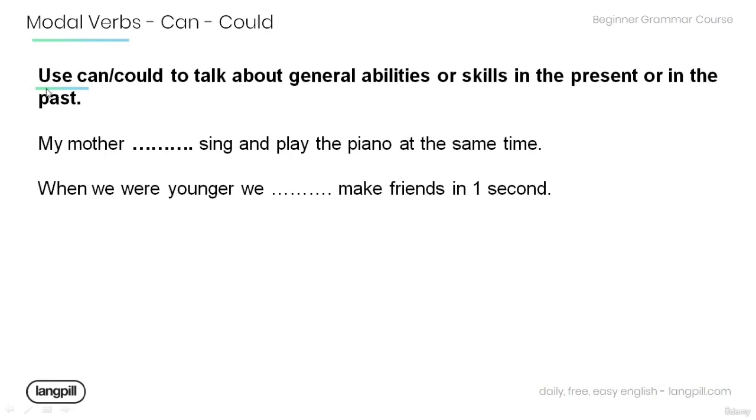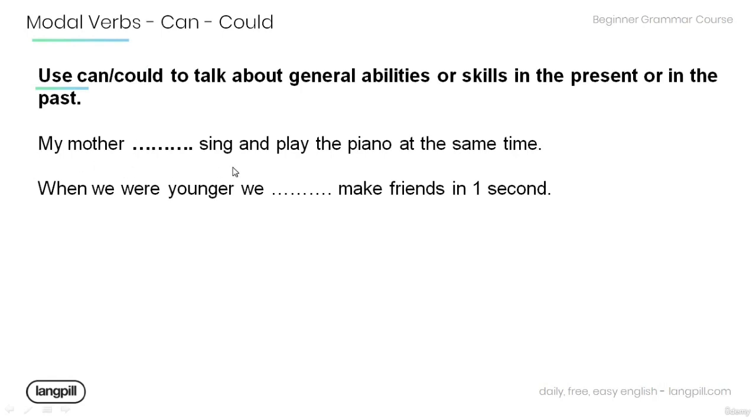Remember that we use can or could to talk about general abilities or skills in the present or in the past. Read the following sentences and fill in the blanks using the appropriate modal verbs.